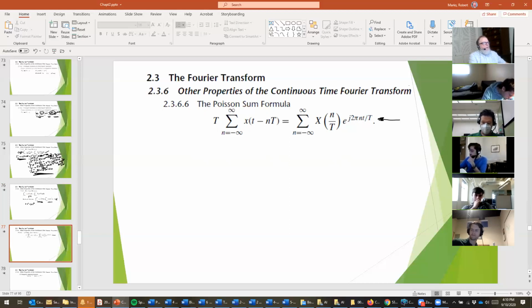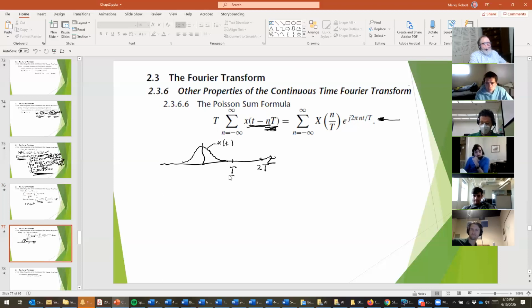It says that if we have a replicated signal, x of t minus nT, what does that mean? That means if we have a signal x of t, say the signal looks like this. And then we take intervals of T. These are the intervals of nT, if you will.